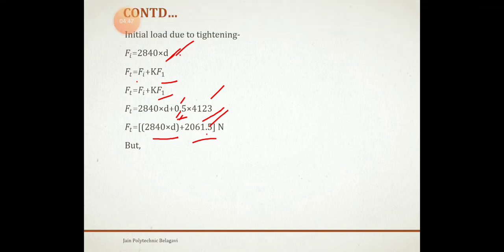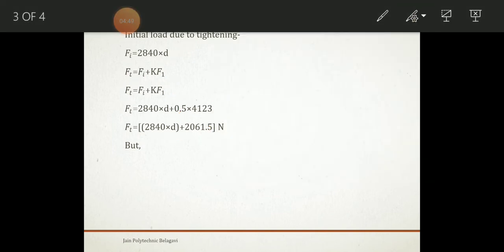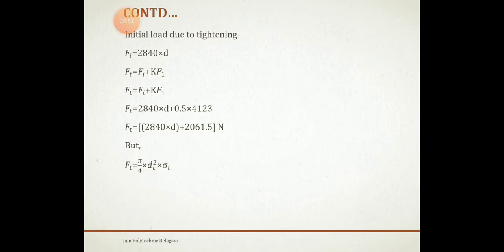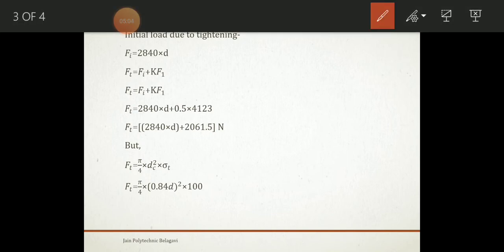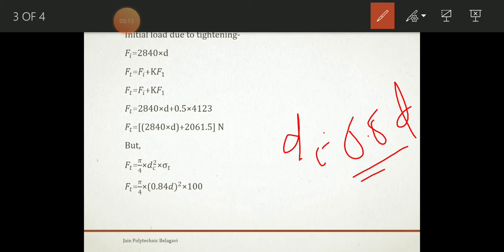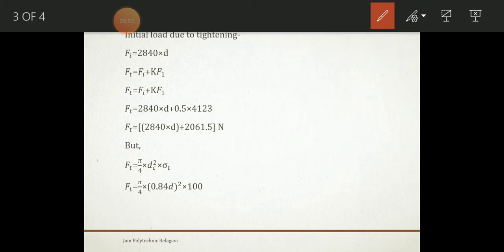Next, we know that Ft equal to pi by 4 into dc square into sigma t, where dc, this relation we already discussed in the previous class, dc equal to 0.8 times D. We can write it like this: pi by 4, 0.8 D square into sigma T, that is the tensile stress, 100 Newton per mm square.